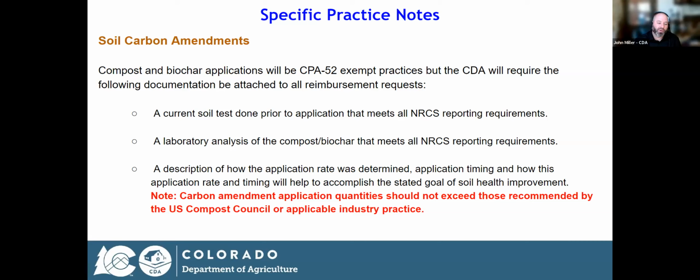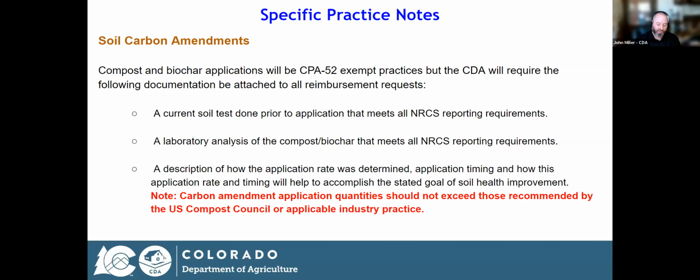And then just a quick note, carbon amendment application quantities should not exceed those recommended by the U.S. Compost Council or applicable industry practice. So we want to avoid people grossly over applying these amendments, but that seems to be fairly rare with compost and biochar. So this is probably not a huge problem, but it is worth noting.